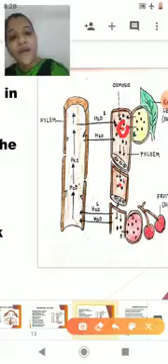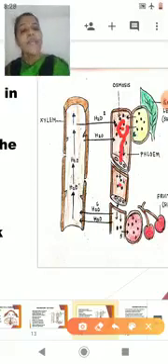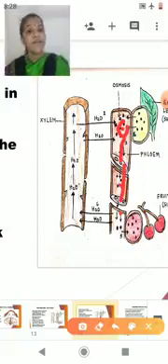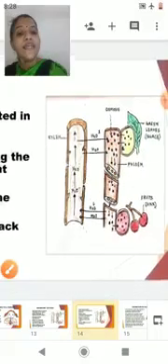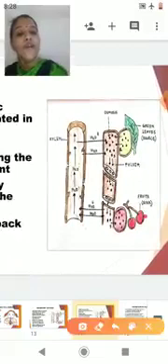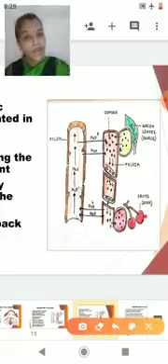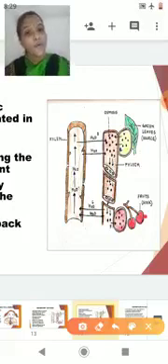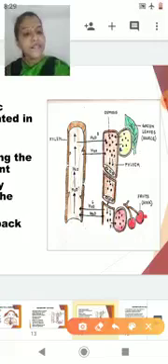The water will move from the high pressure area to the low pressure area, and slowly the food, water and food, will be transported into the sink. What is a sink? Sink is that part where the food is going to be utilized. So the water and the sucrose molecules are both moving from a high pressure area to a low pressure area, and it reaches the sink.